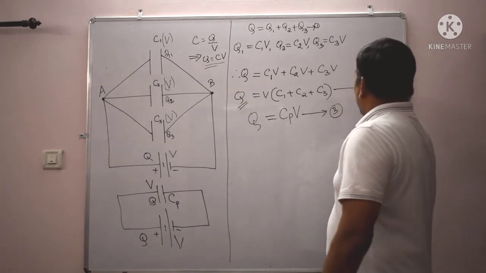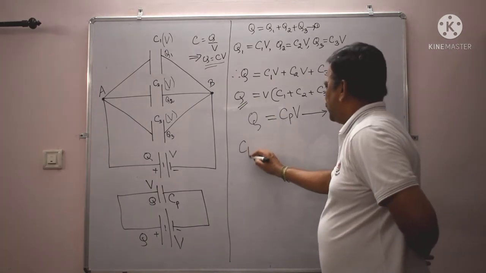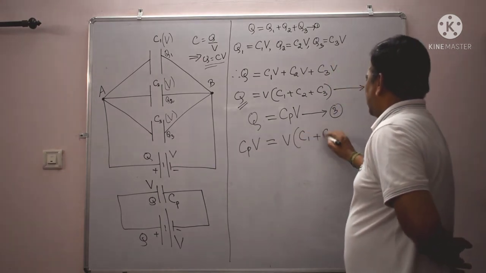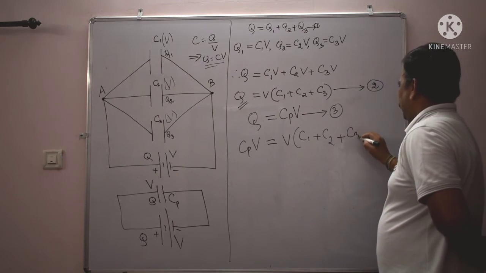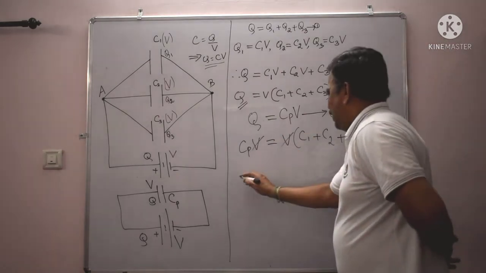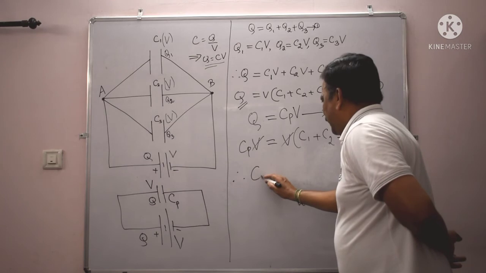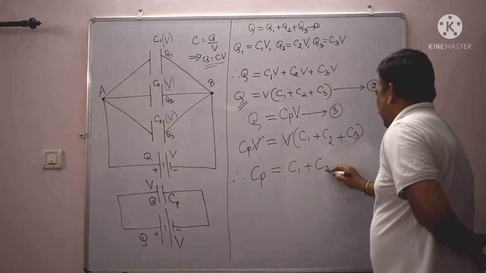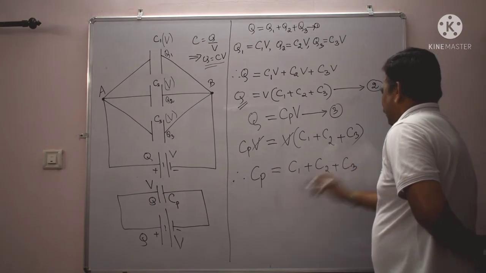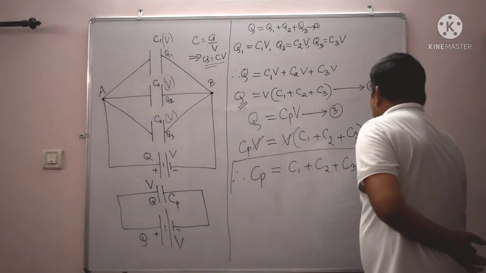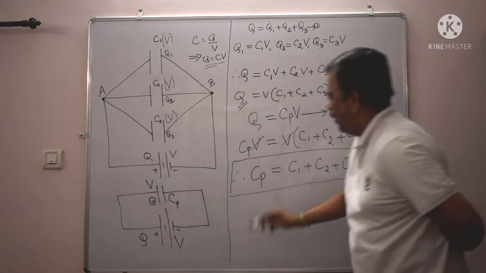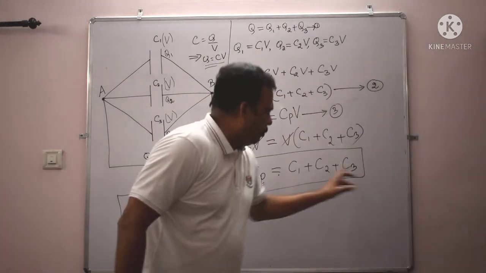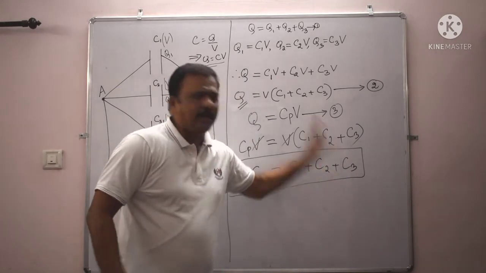So substituting 3 into, you end up with CPV equals V into C1 plus C2 plus C3. So cancelling V and V, I get the effective capacitance C sub P is equal to C1 plus C2 plus C3. So thus, whenever capacitors are connected in parallel, the total capacitance is equal to the sum of individual capacitances.